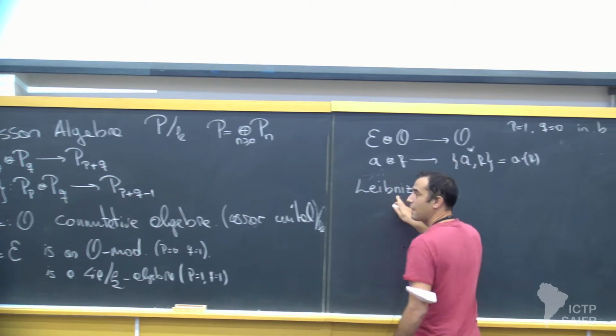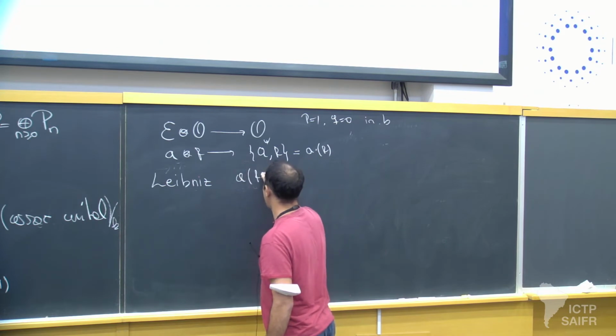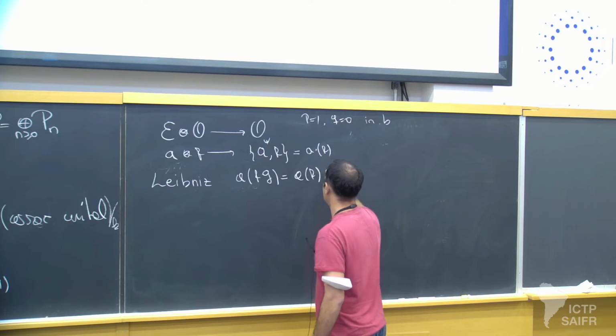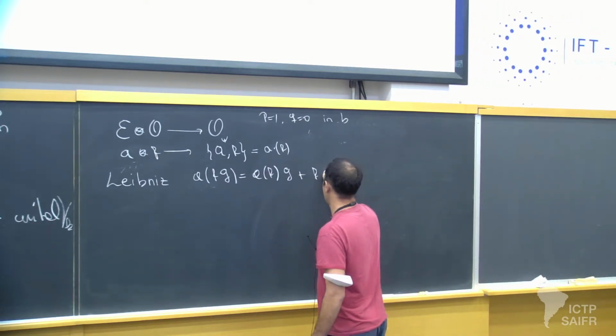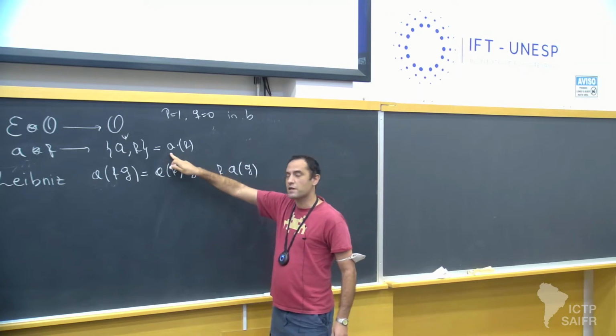Anyway, the Leibniz rule in P says that A acting on FG is equal to AF times G plus F times AG. So that means that this object here is a derivation.